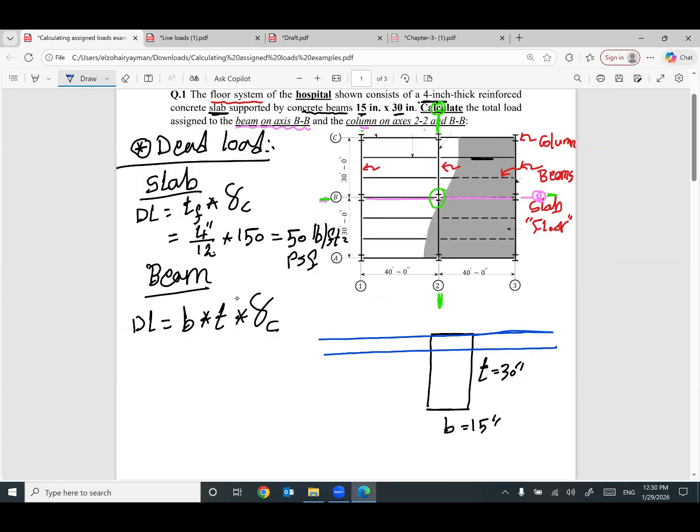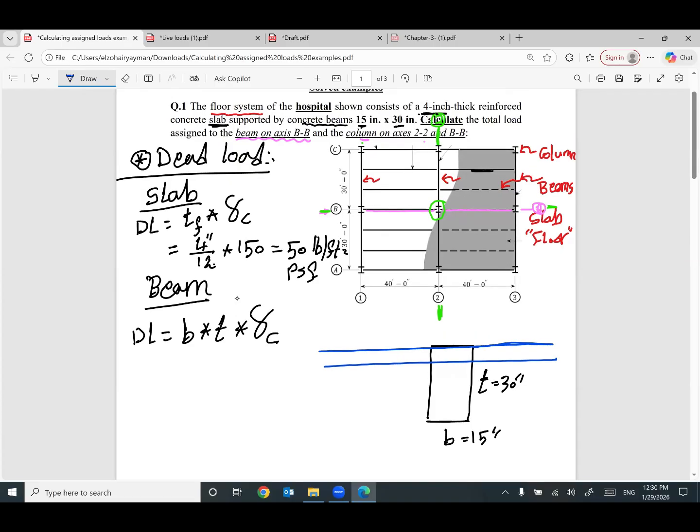This beam is connected to the slab, which is 4 inch thickness. So if you put here B as 15 inch and divide it by 12 to be in feet, that's right. If you put here T of the beam as 30 inch and divide it by 12, it's not accurate.